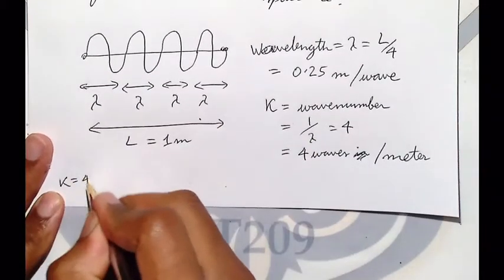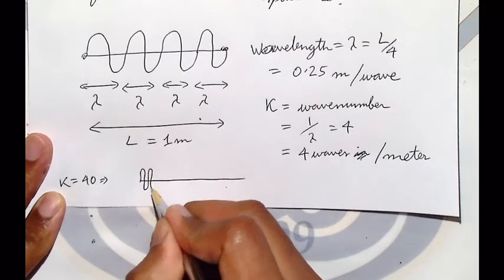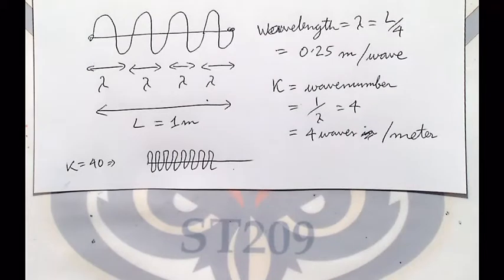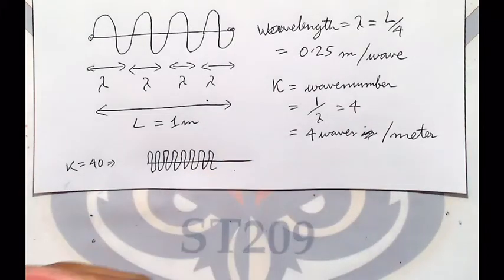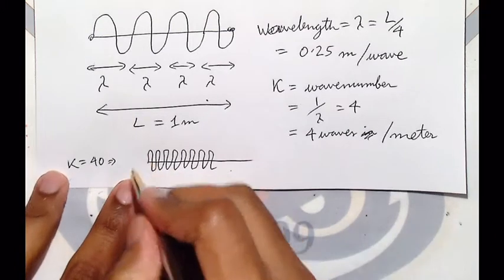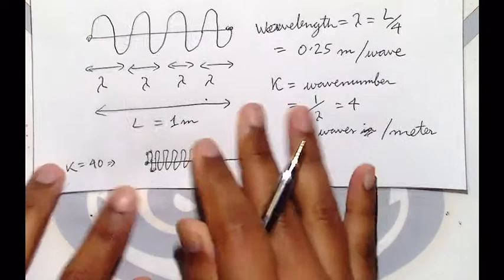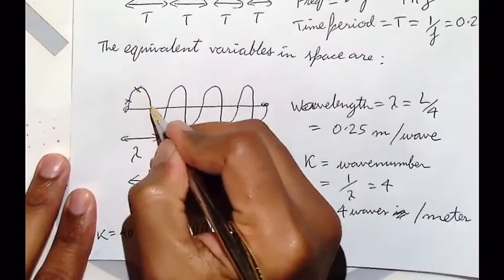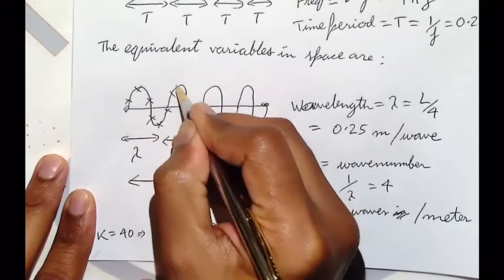So if kappa equal 40, it would look something very, very convoluted. And this means that to represent this function accurately on a discretized grid, you will need a lot more points. This was not the case with a low wave number scenario. You could just use a few of them and you would be able to recreate the signal pretty well.